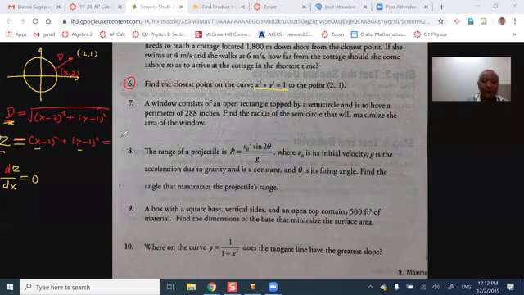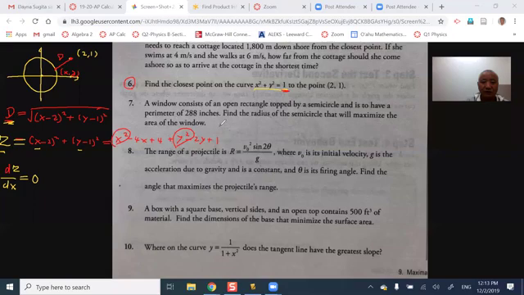So we simplify now. This will be x squared minus 4x plus 4, and then plus y squared minus 2y plus 1. And we know x squared plus y squared equals 1 here.